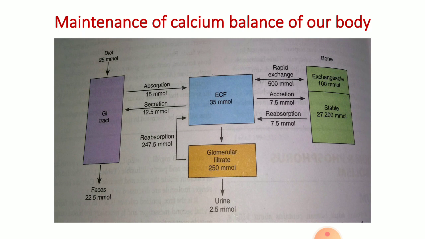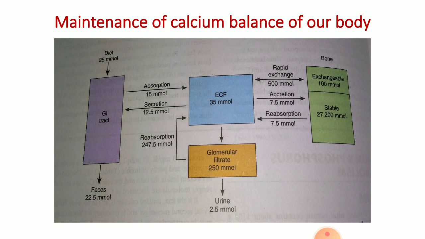Extracellular calcium is almost 35 millimole, which is kept almost constant by different interactions between different pools of calcium of the body. Through the glomeruli, almost 250 millimole of calcium is filtered every day, from where 247.5 millimole is reabsorbed. So 2.5 millimole of calcium is excreted out through urine.